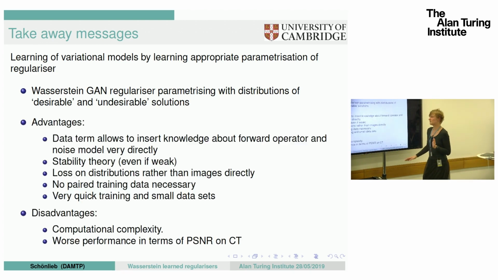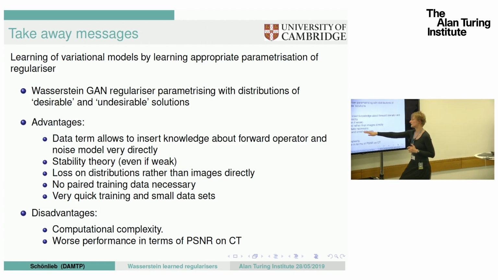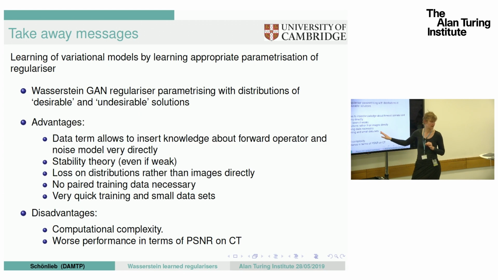I've talked a lot about advantages. One thing I haven't said is that you don't need a lot of training data to train a regularizer. This is quite surprising, so you can train this on very small data sets.